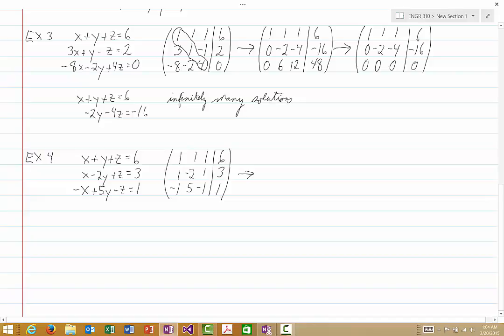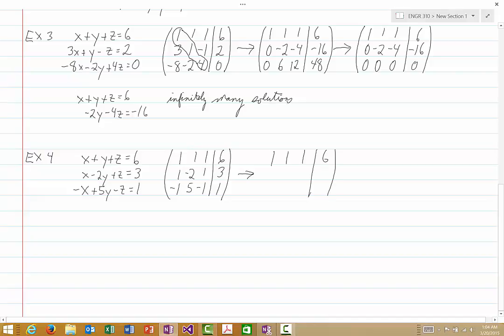In order to eliminate the non-zero terms below the main diagonal in the first column, we will add -1 times the first row to the second row and +1 times the first row to the third row. So let's see what that gives us. 1, 1, 1, 6.